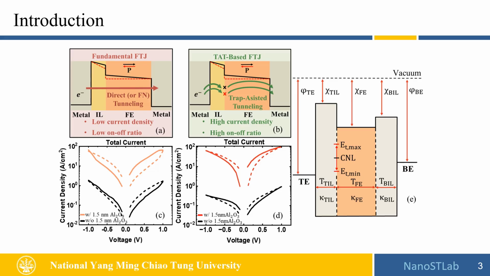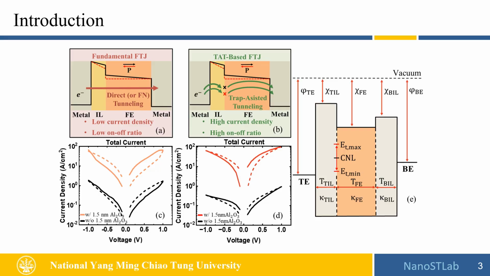And in past research, there are already experimental results showing that a 3 nanometer HZO FTJ has its current density and on/off ratio both increased after inserting an additional 1.5 nanometer aluminum oxide.